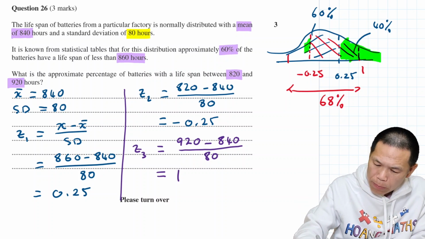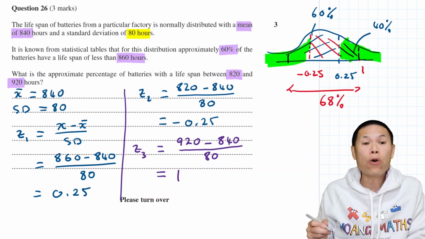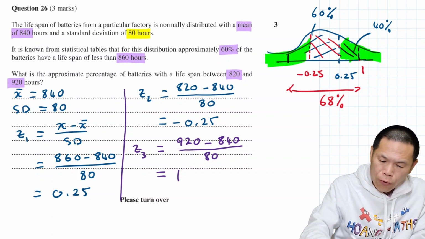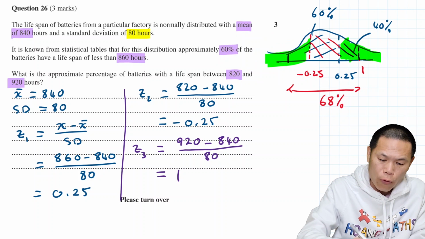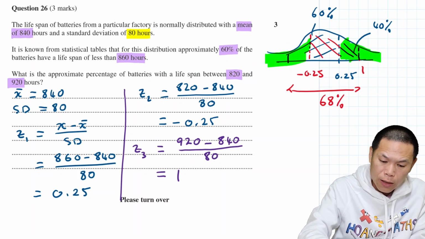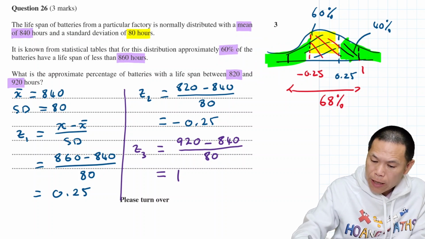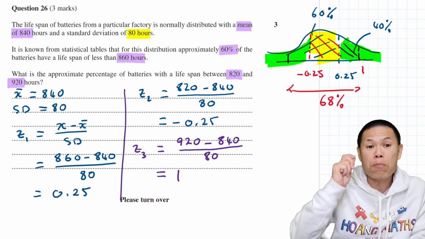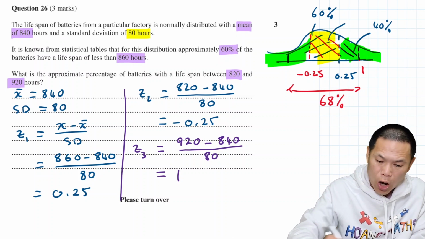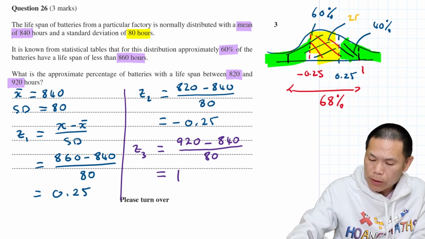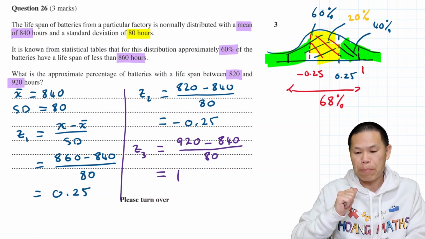So therefore, this part here also 40%. And don't forget, the whole lot here is 60%. So therefore, in between here, this part here must be 60 minus 40%. So that is 20%. So keep that in mind. So this is 20%.